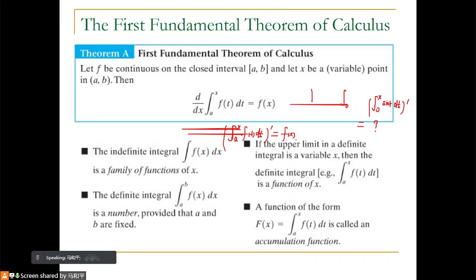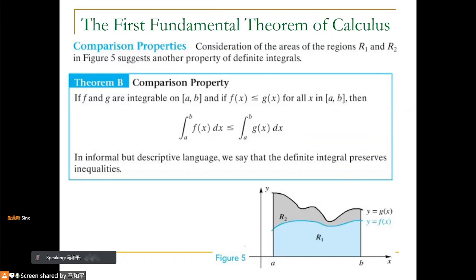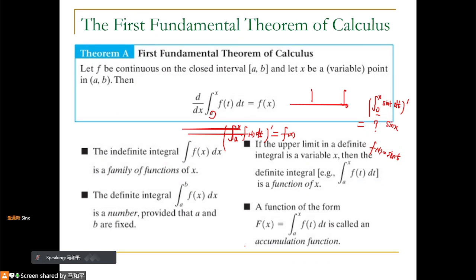So here we know a is 0, and f(t) is sin t. So this one is equal to f(x), which is sin x, right?